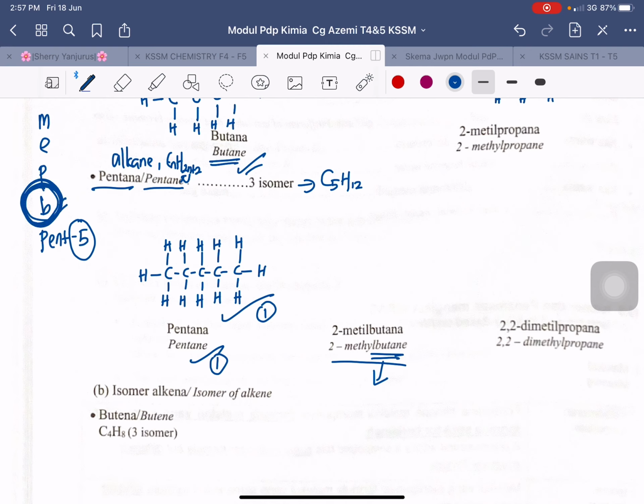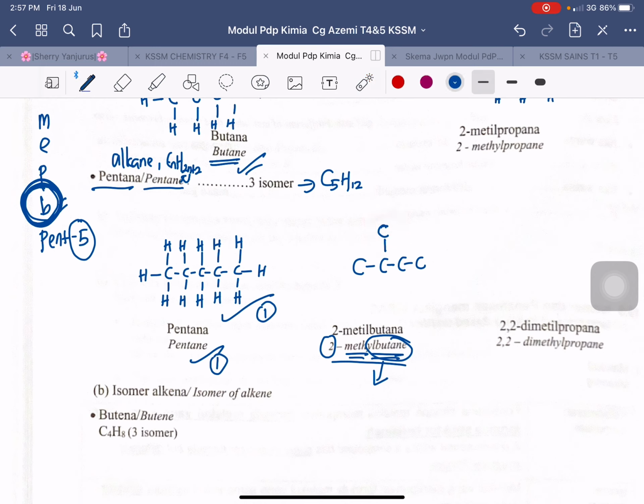Okay, butane 4 C. So we start from lukis dia punya longest chain. 4 C kan? 1, 2, 3, 4. So let us give a branch. How to give a branch? Pergi sini C. Okay, the second one. Because dia punya soalan adalah 2 methyl butane. Methyl adalah branch yang sebiji C saja.